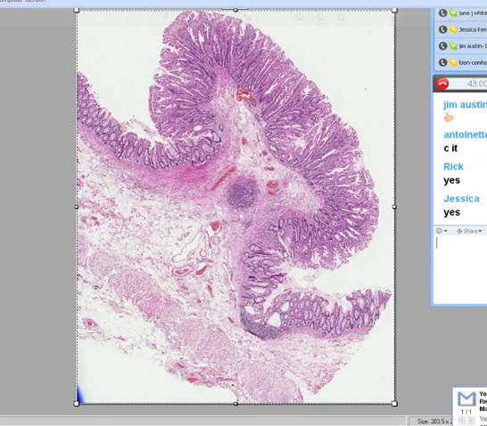But the GI doctor is not going to be happy if you just call this a polyp. You want to know why? Because if you call it a hyperplastic polyp, he's going to lose money because he's going to have to tell the patient, oh, there's no chance that these will ever turn into cancer.